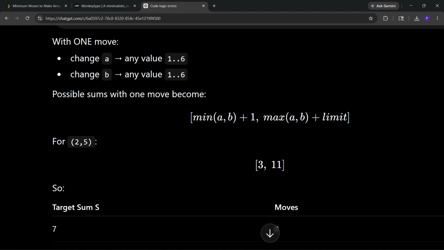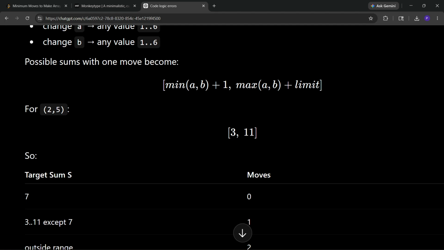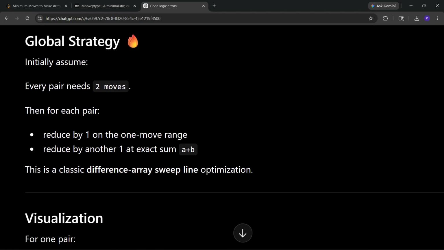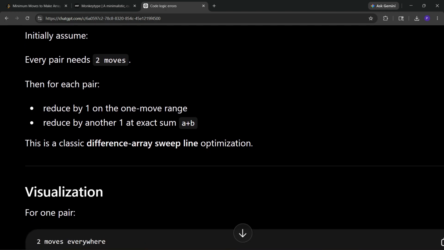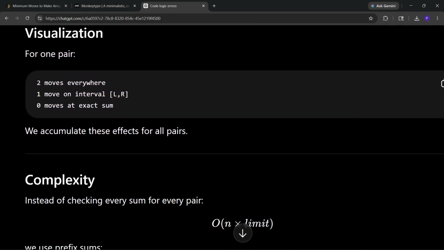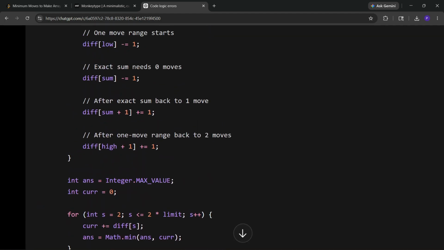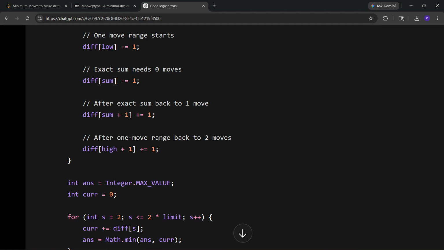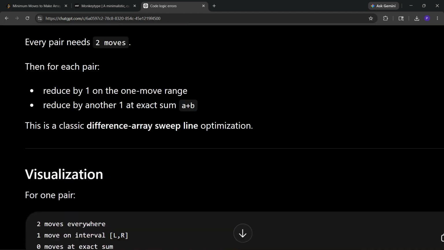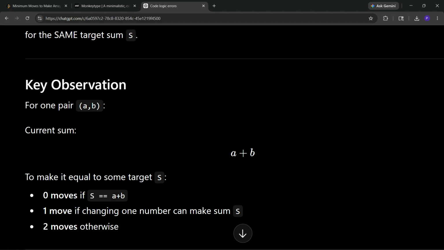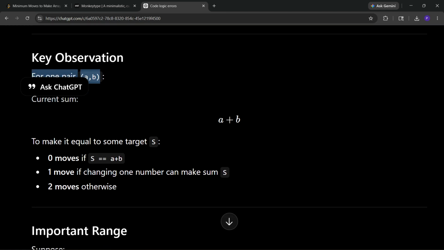With one move, change the world. For one pair A and B, the current sum is A plus B. To make it equal to some target S, if S is equal to A plus B, don't do anything.